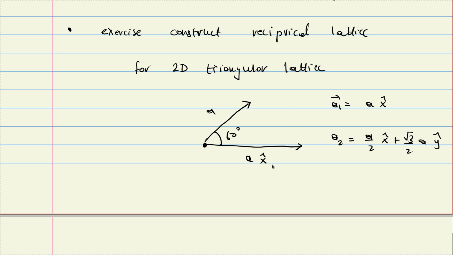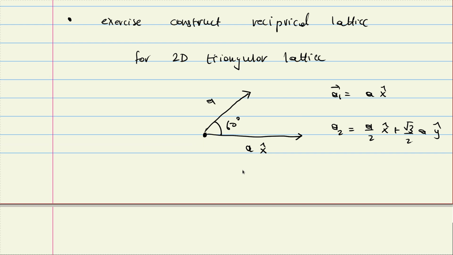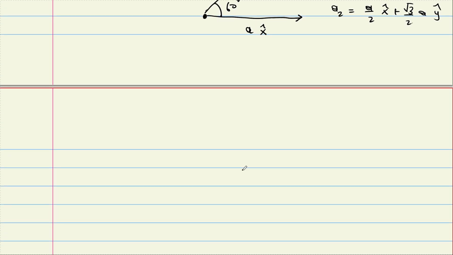But I am not going to do this. I will do something related. I will do the construction for graphene, because we are going to be using graphene a lot in this course. So let's consider graphene. Last week, as we mentioned, graphene is what we call a non-Bravais lattice.